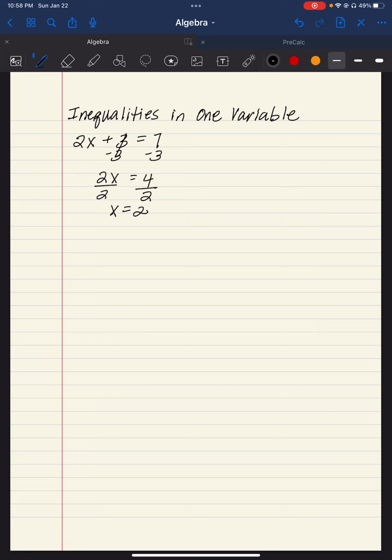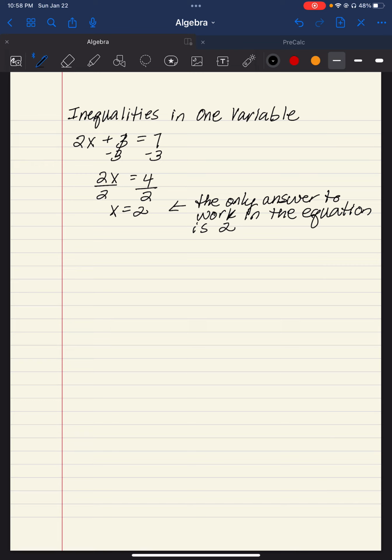So this means the only answer that will work in the equation is 2. 2 is the only thing that will make this true.